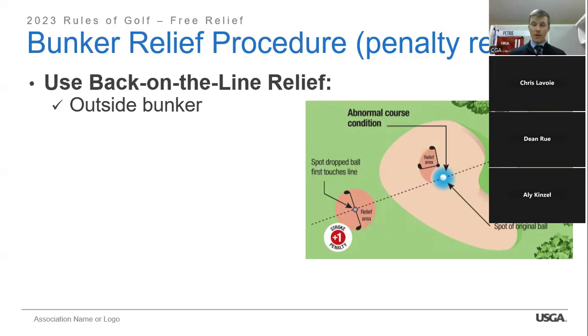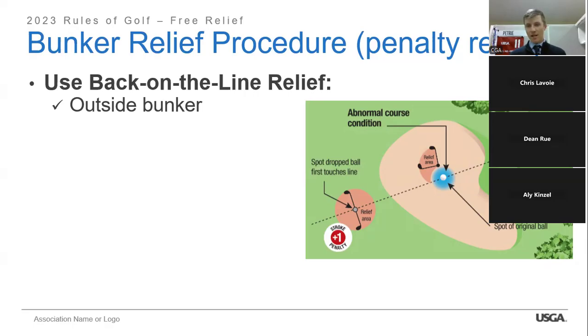So what do we do? Unfortunately, we're having to stay in that bunker, but we're just going to find the area no closer to the hole that gives us the least interference from that condition. So that might be the ball's out of the water, but we're standing in it, or we find the shallower parts of the water.